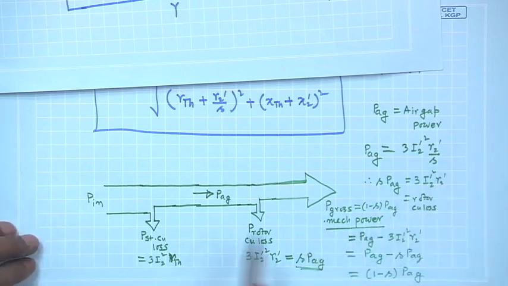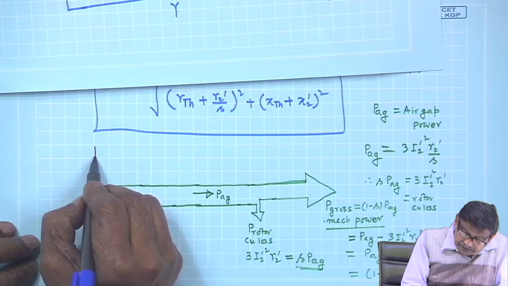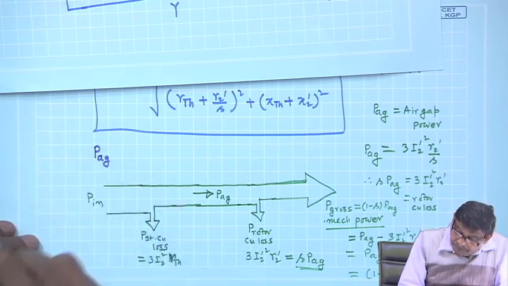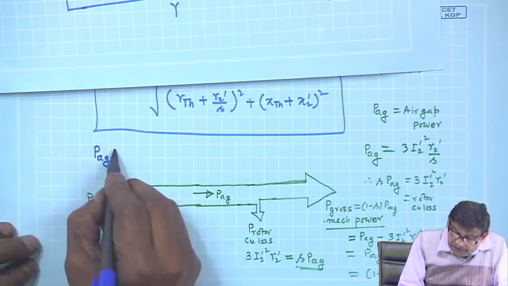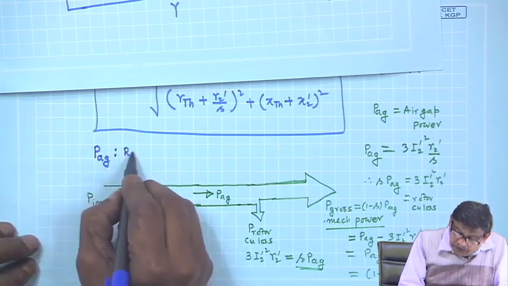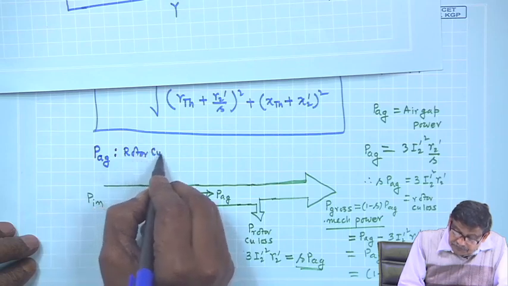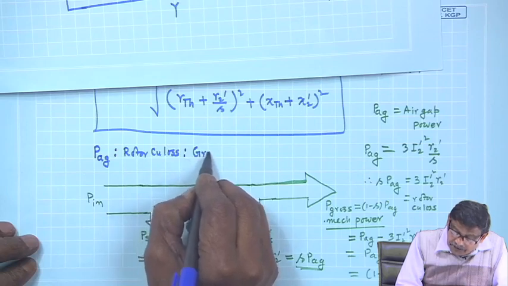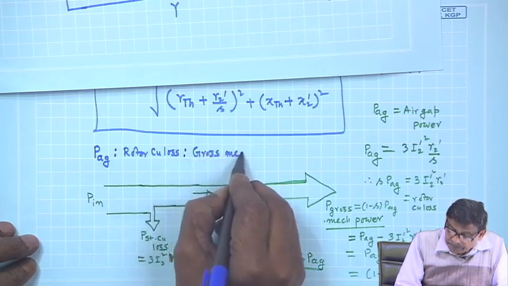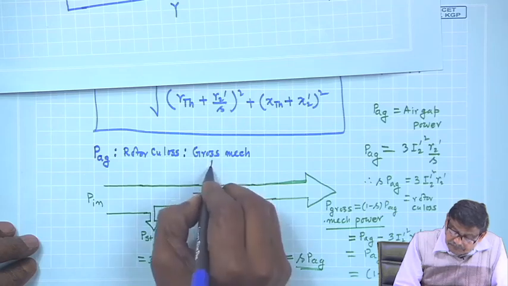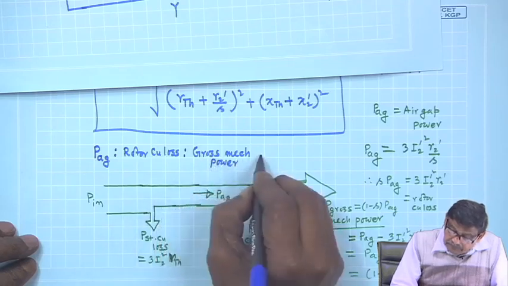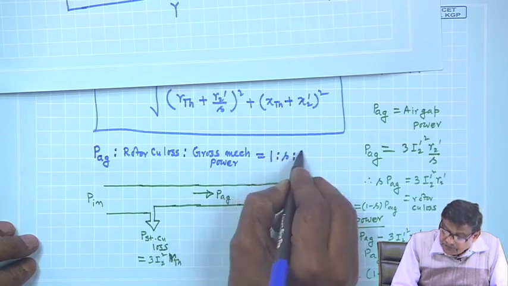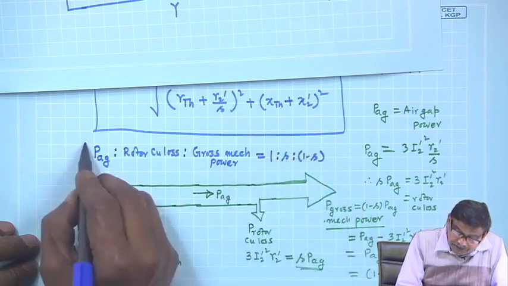So, this is the result I am telling you, an important result. In a 3-phase induction motor, PAG is to rotor copper loss is to gross mechanical power developed will be 1 is to S is to 1 minus S. This is an important result.